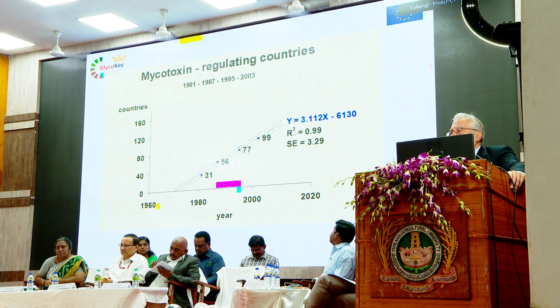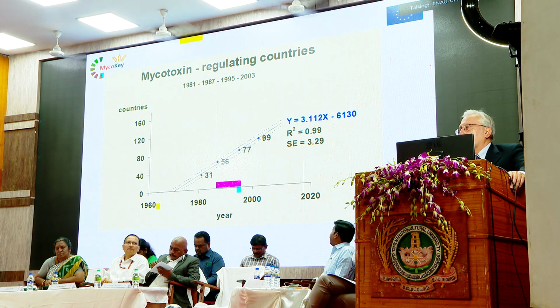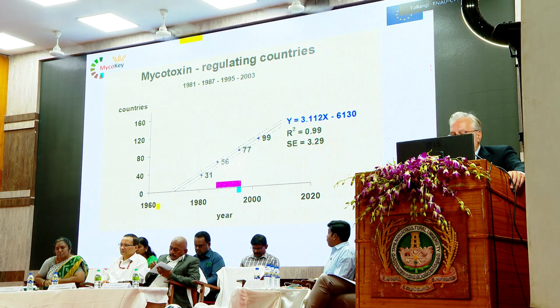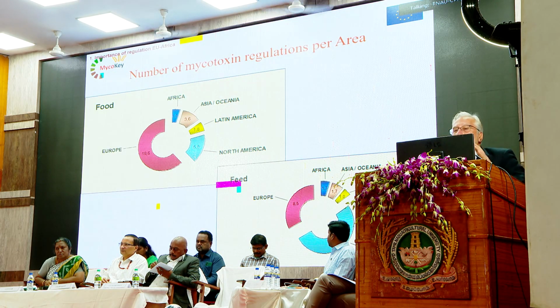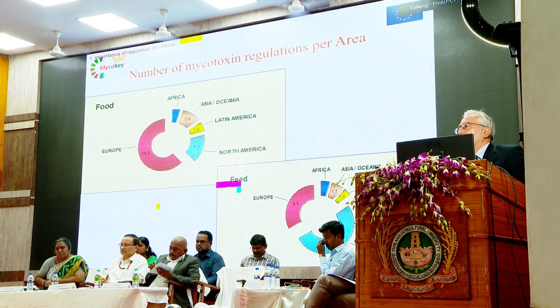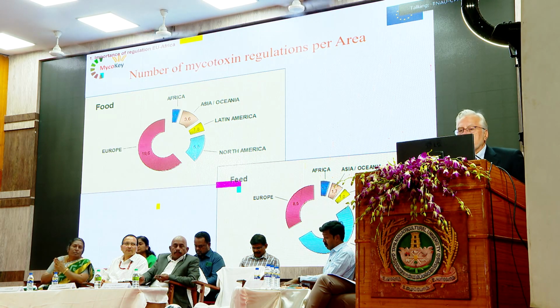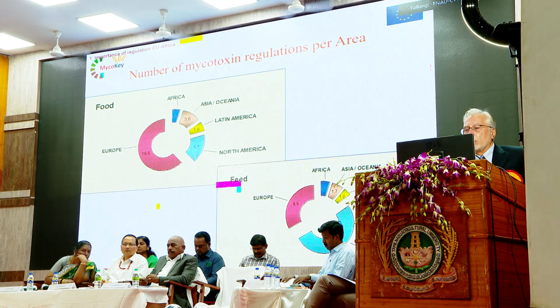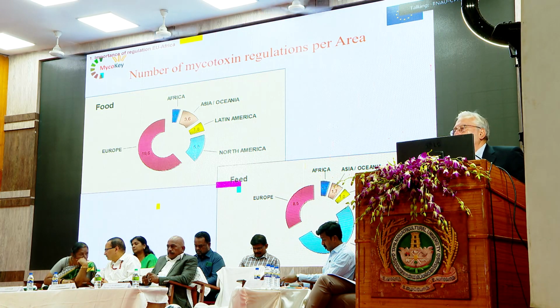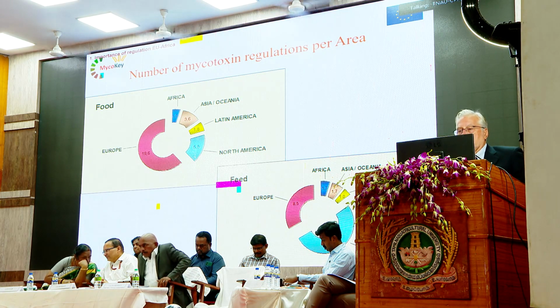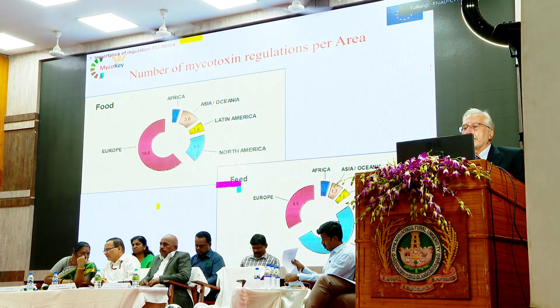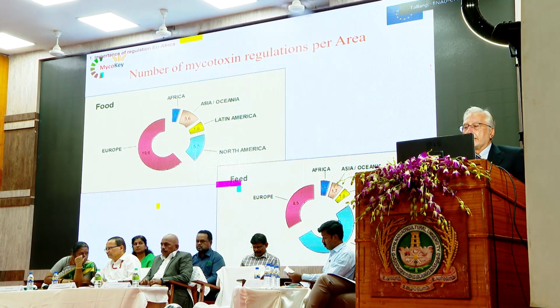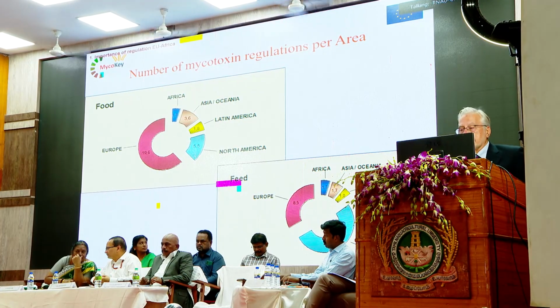Anyway, going towards the regulation: every year there is improving attention to regulation worldwide. This shows the different mycotoxin regulations in different countries related to food and feed. As you can see, if we look at food, Europe has the most regulated contents, followed by North America, Asia, and Latin America, and last is Africa.